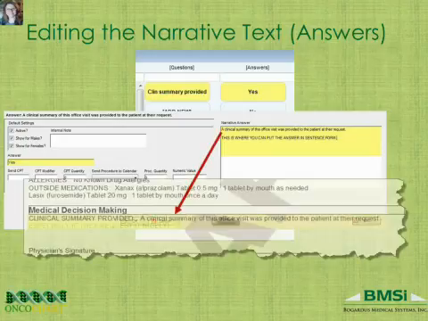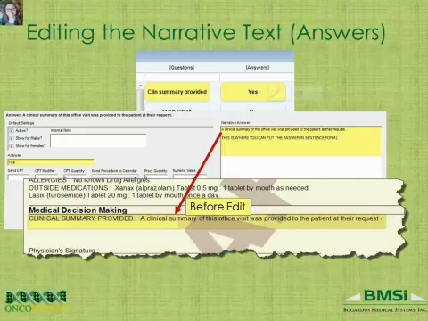Here I'm going to show you how to edit, and in this case, add to narrative text in an answer. The information in the narrative answer box will appear in the narrative report form view and when printed. This is what it looks like with the current information in the narrative report. This is before the edit.